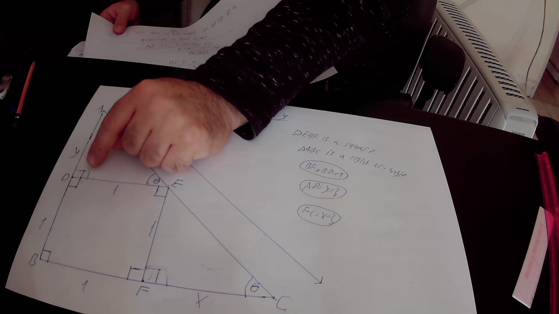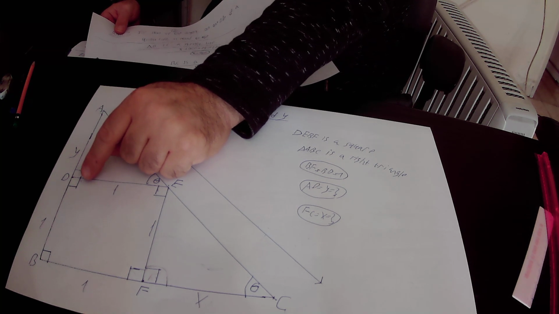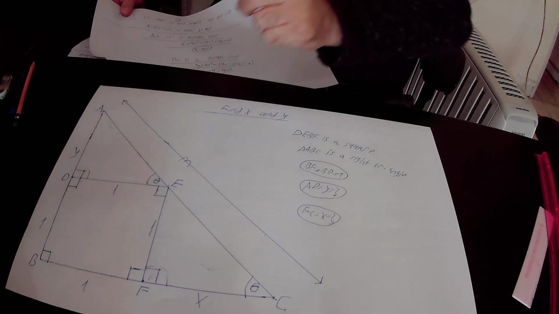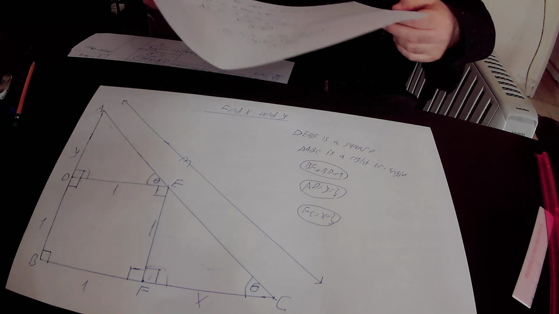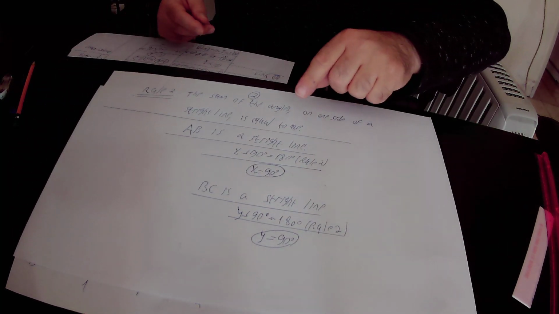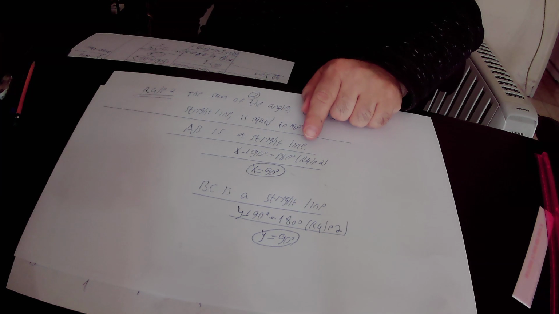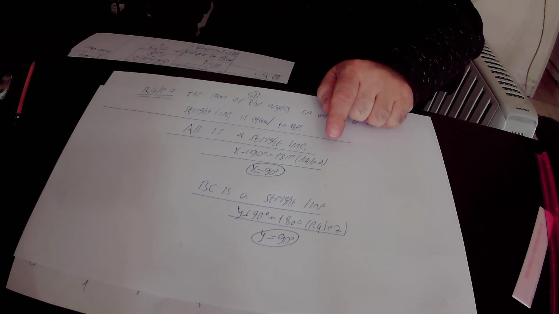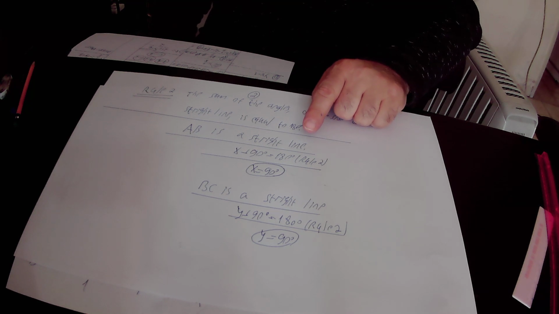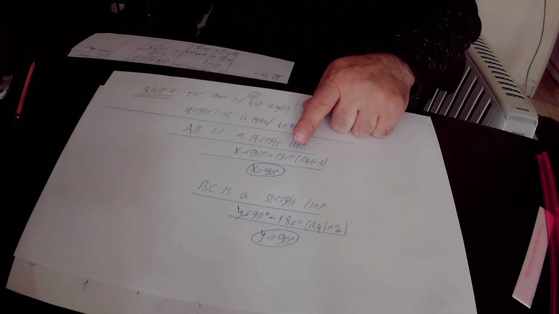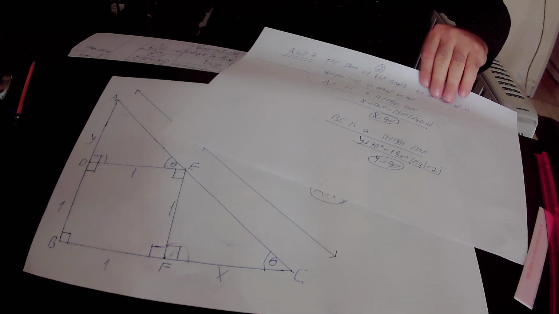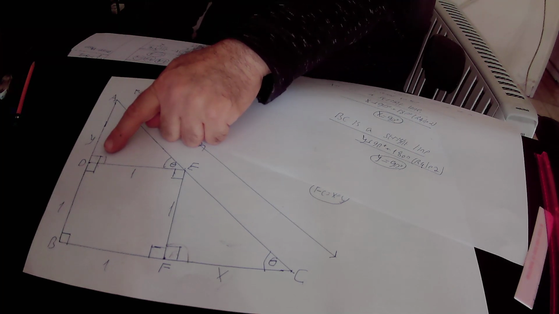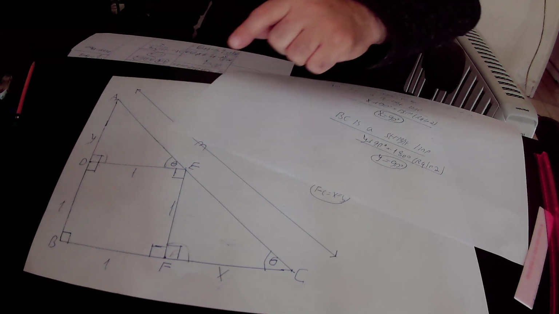So this angle that we defined as angle X plus this angle that is 90 degrees must be equal to 180 degrees. That is to say, X plus 90 degrees equals 180 degrees according to rule number 2. We subtracted 90 degrees and found out that angle X equals 90 degrees. So this angle is a right angle.